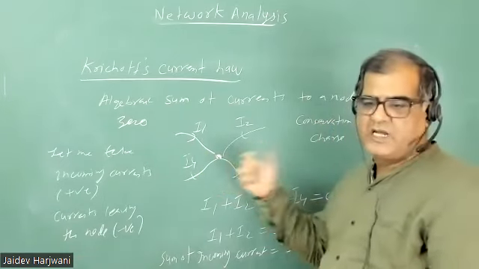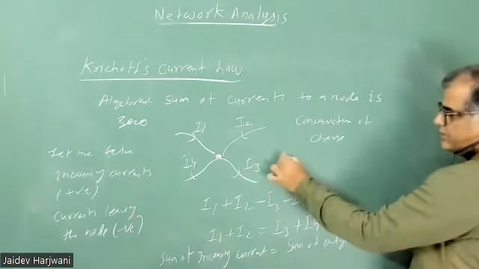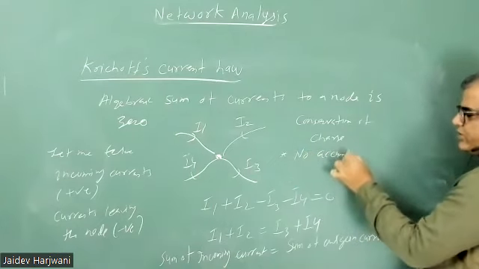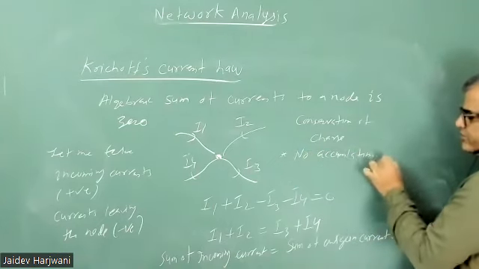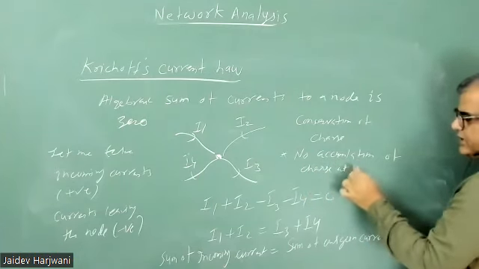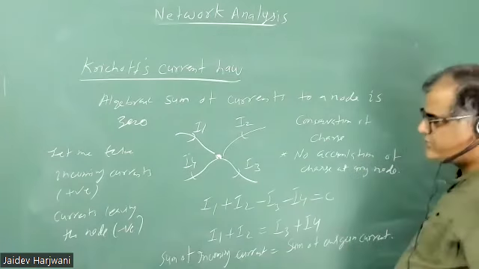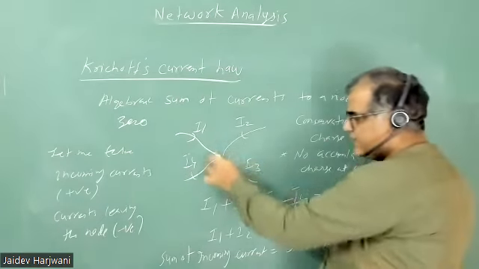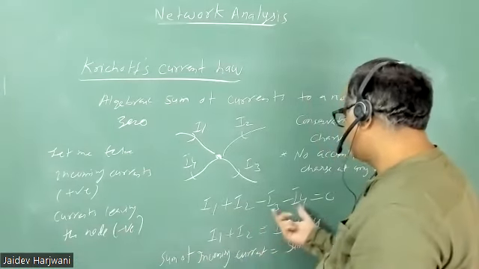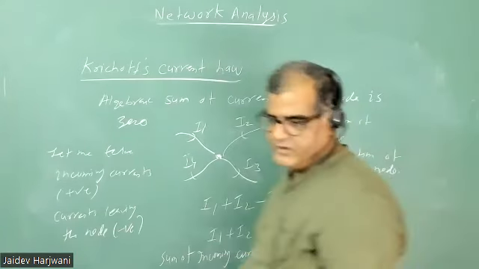You can write: no accumulation of charge at any node. Because charge is not accumulating, as much charge as comes in, goes out. That means you can say I1 plus I2 equals I3 plus I4. So that's the meaning of this law.